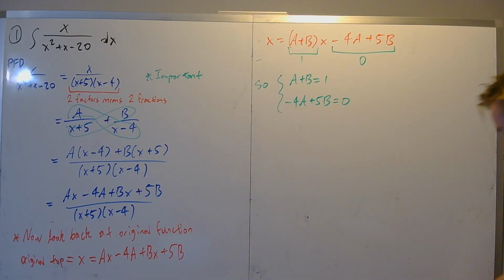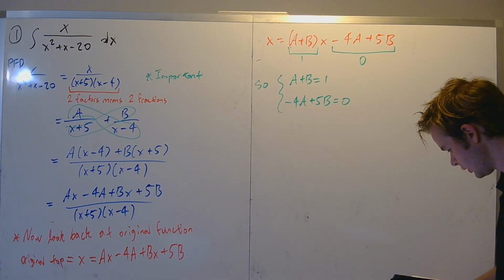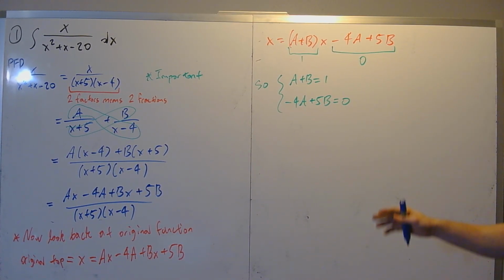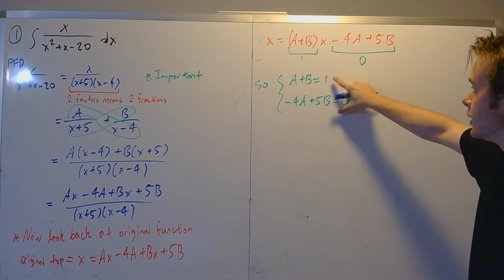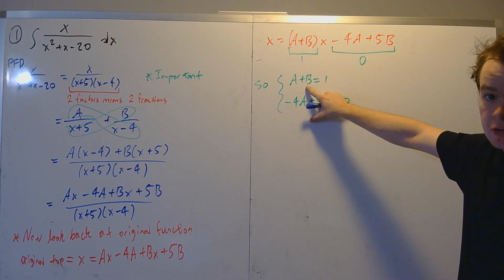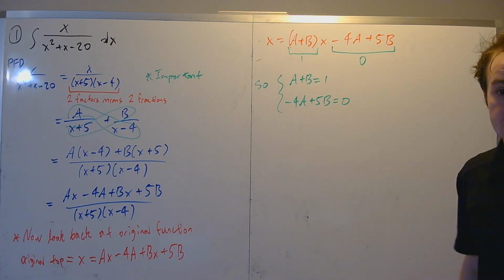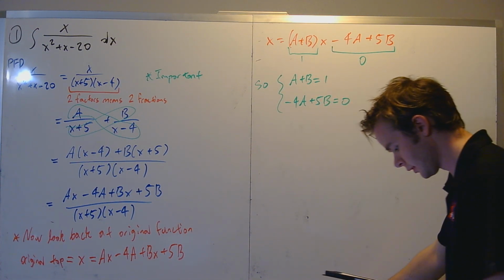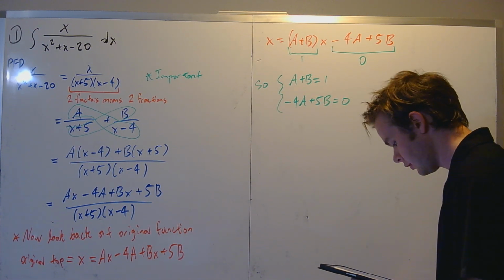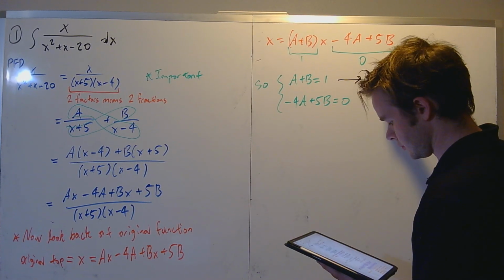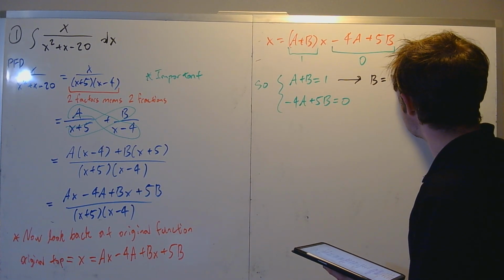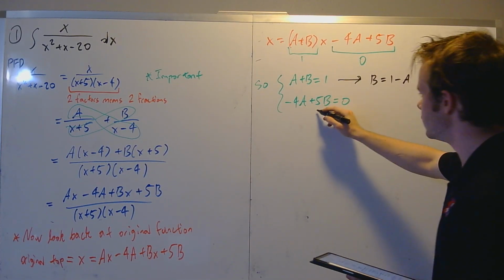Okay, so whenever we're trying to solve two equations at the same time, we need to solve one of the equations for one of the variables and plug that into the second equation. So what I'll do here is say this means that b equals 1 minus a, and we can plug that into here.